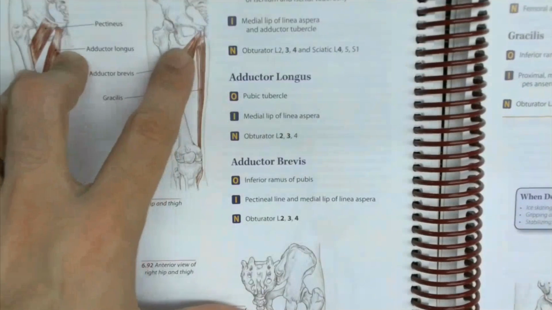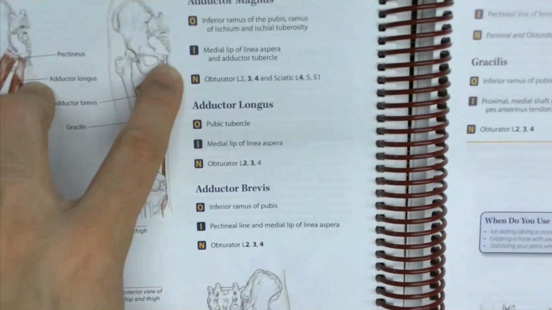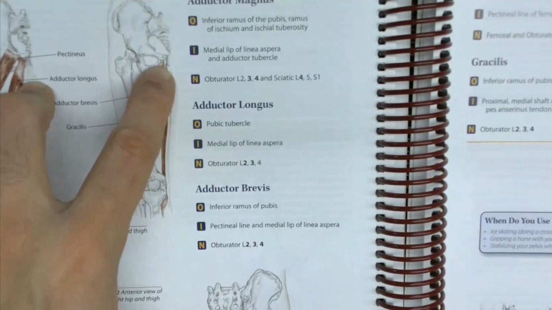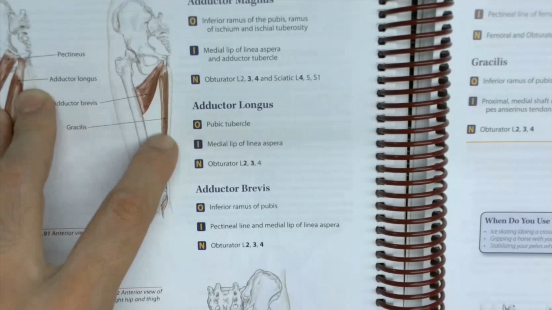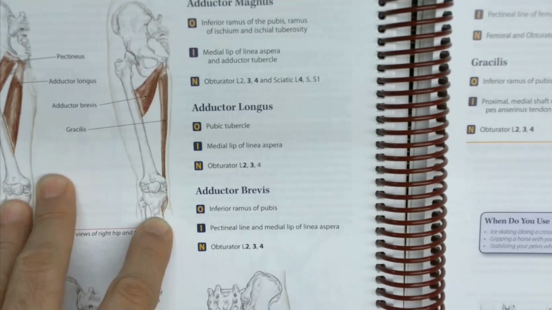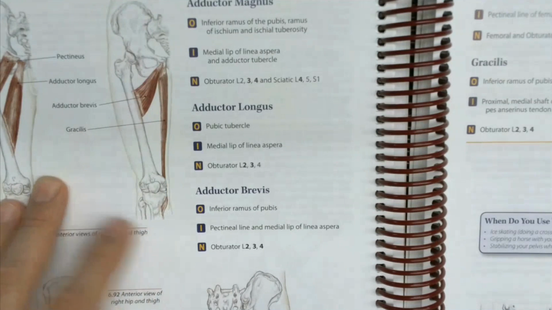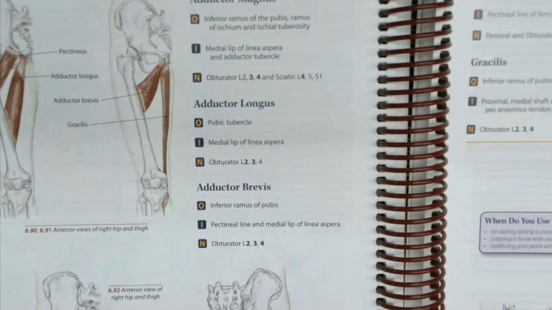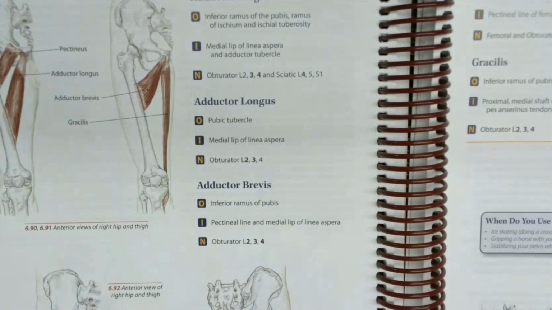So the gracilis, again, comes from the pubic bone here, and then comes all the way down and attaches onto the tibia, which actually forms part of what we call the pes anserine insertion. Pes anserine means duck foot in Latin.